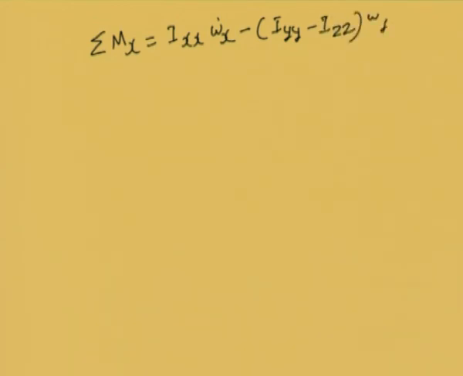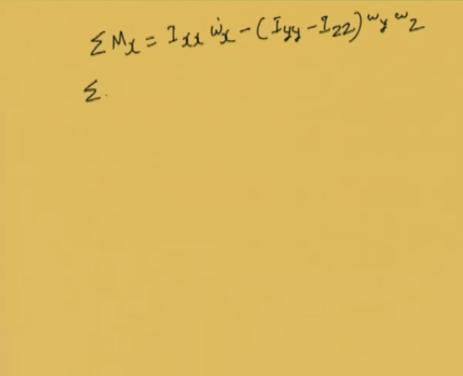Now, if we put these in A, then we get sigma Mx is equal to Ixx omega dot x minus (Iyy minus Izz) omega y omega z.